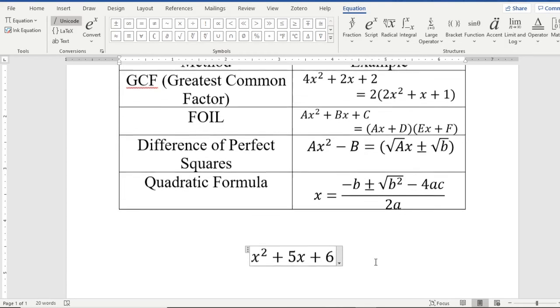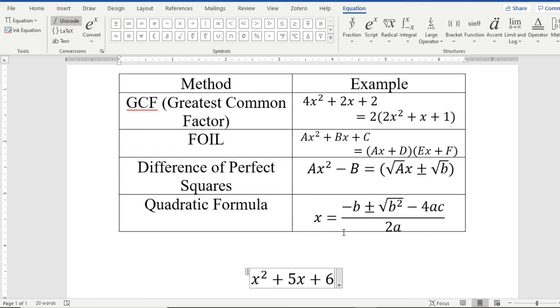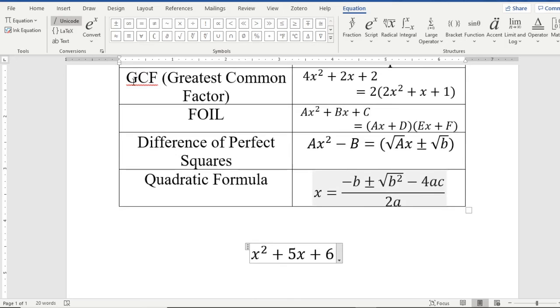Alright, perfect. Now, I'm going to go through each method to see if it's usable. Okay, so the first one is greatest common factor. x squared, 5x, and 6. Okay, x is not shared in all three, so that's not a common factor. And 1, 5, and 6 do not share any multiples besides 1. So those can't be divided either.